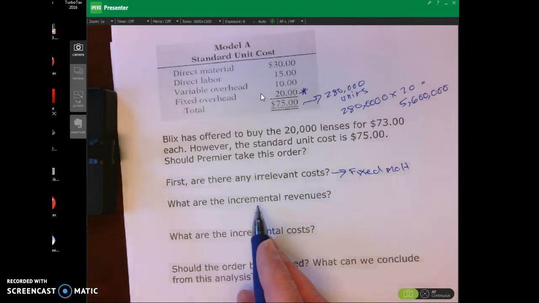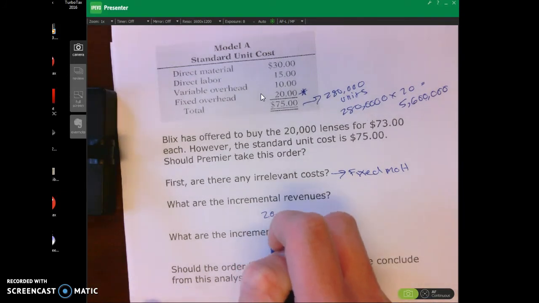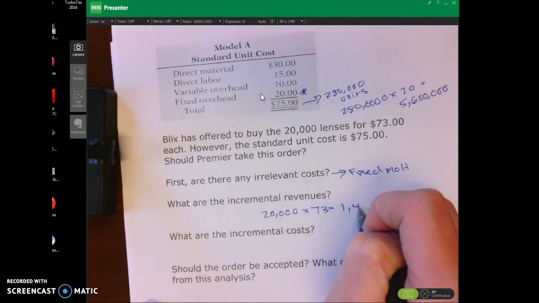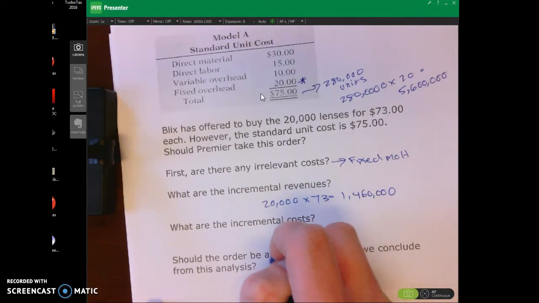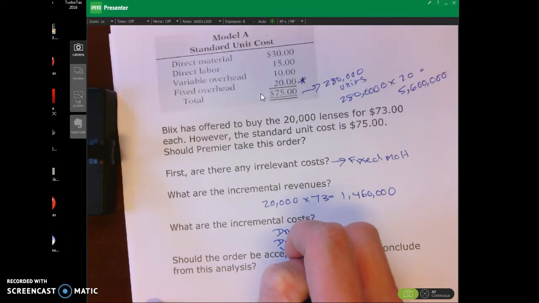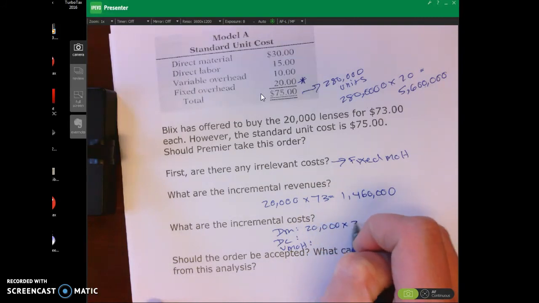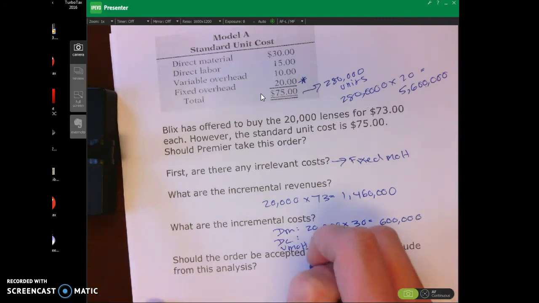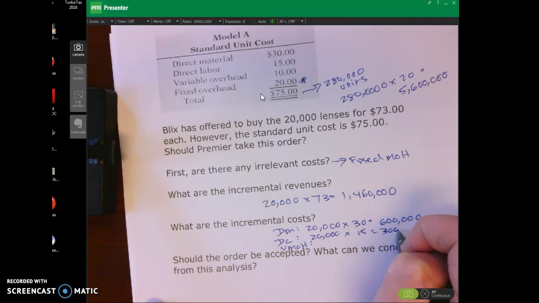So now we can complete our analysis. What are our incremental revenues? 20,000 lenses times the 73 gives us $1,460,000. What are our incremental costs? Direct materials, 20,000 times the 30 gives us 600,000. Direct labor, 20,000 times the 15 gives us 300,000.